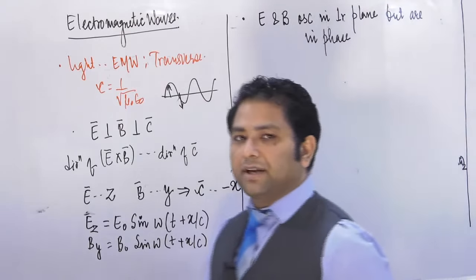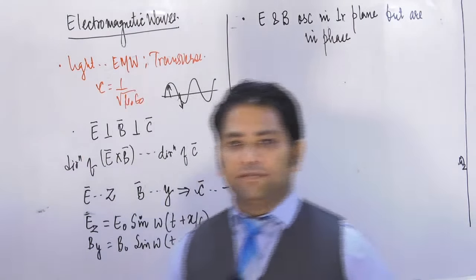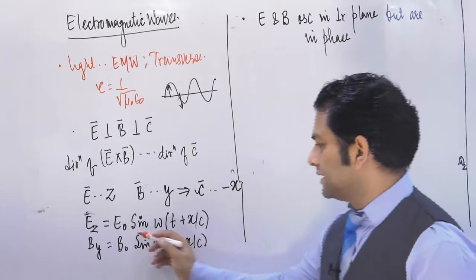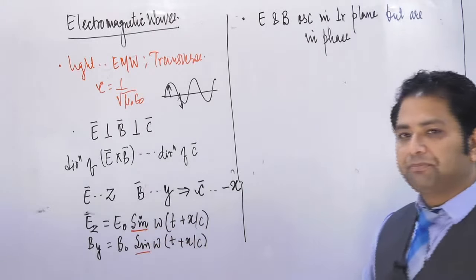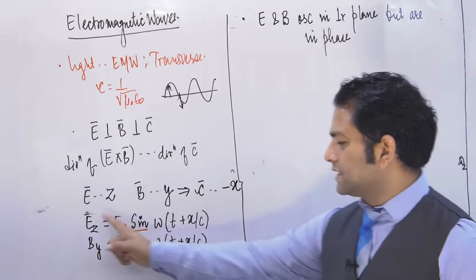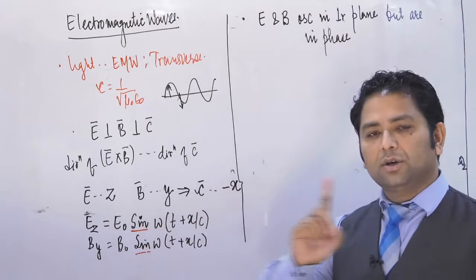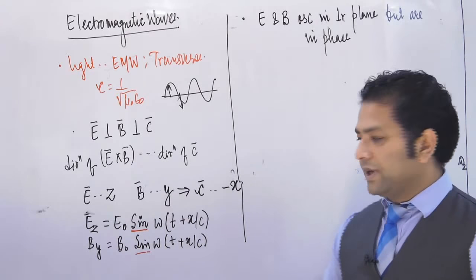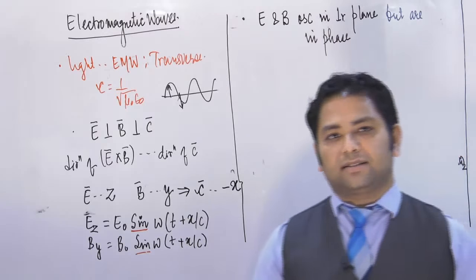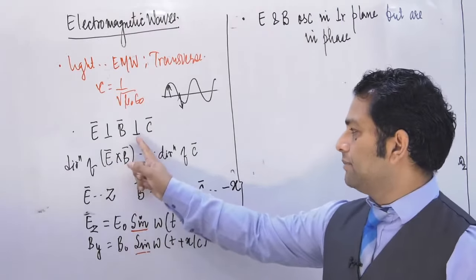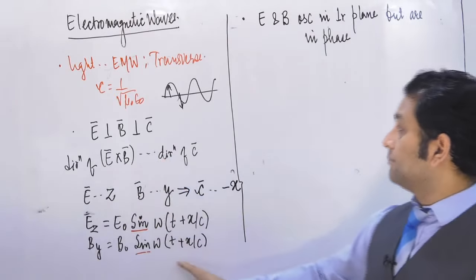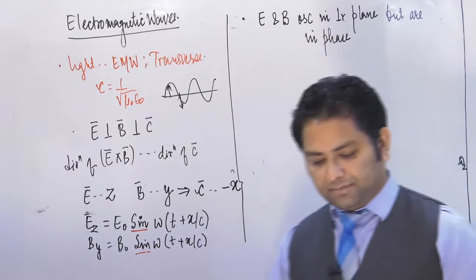They oscillate in perpendicular planes, but they are in phase. That's why when electric field is written in sine, this should also be sine. Imagine if this was sine and this was cos, we would reject that. So whenever you choose the correct option, take care of these vital things: E perpendicular to B, perpendicular to c, the direction given by this, and the phase should be same.